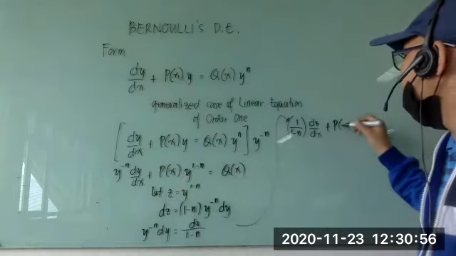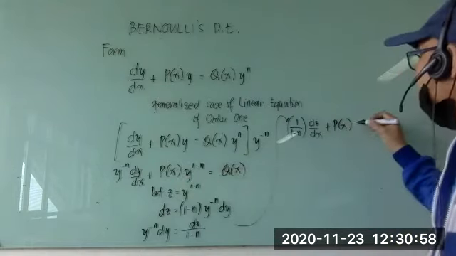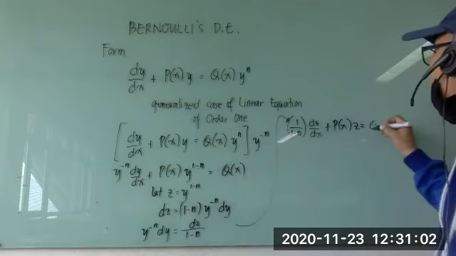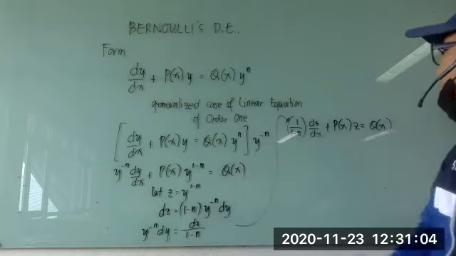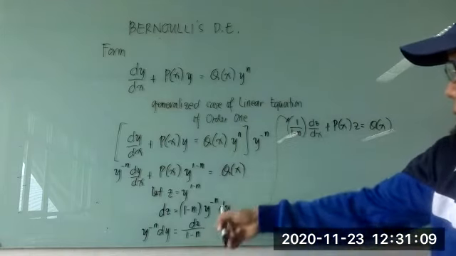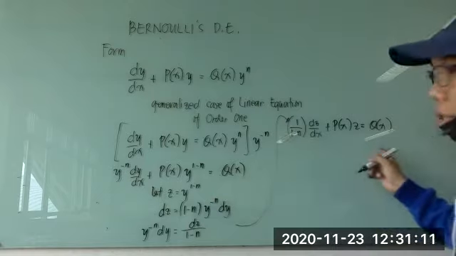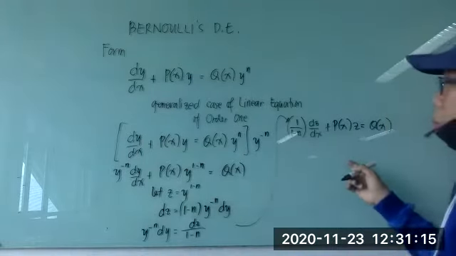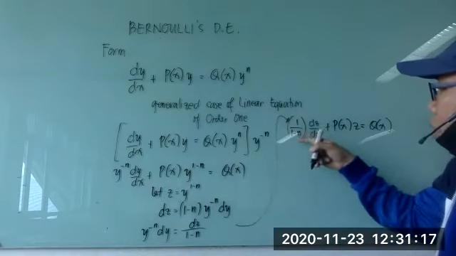Plus p as a function of x times z equals, of course, q as a function of x. Okay, are we good here? I think, yeah, we can arrange this into standard form. So how? We eliminate 1 over 1 minus n here.